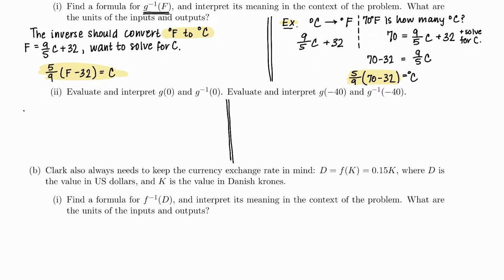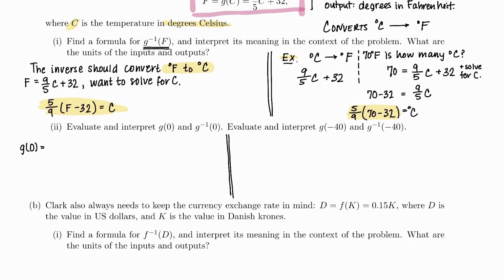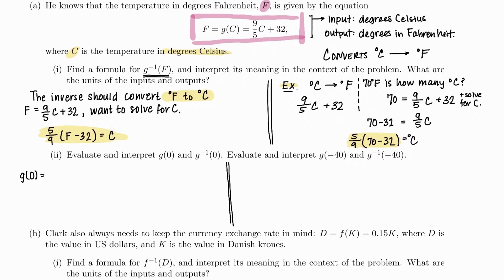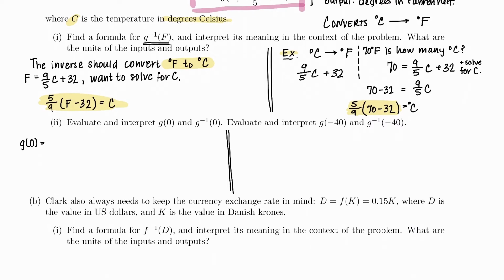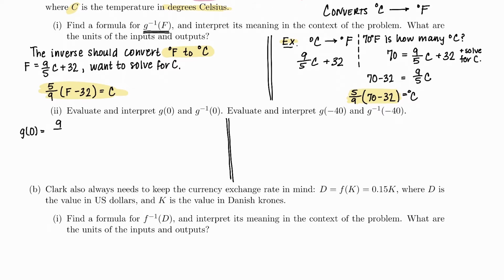So, G of 0 is going to convert 0 degrees Celsius to degrees Fahrenheit. So we'll have 9 over 5 times 0 plus 32, which is 32.